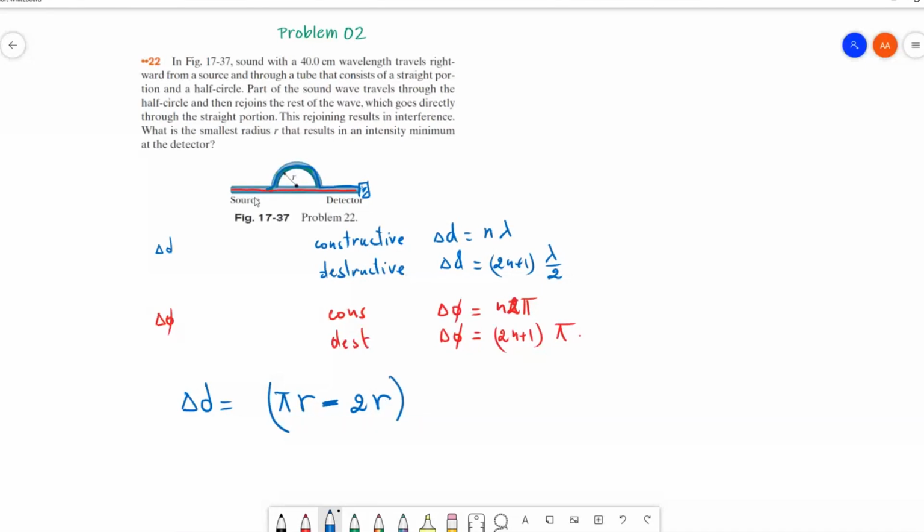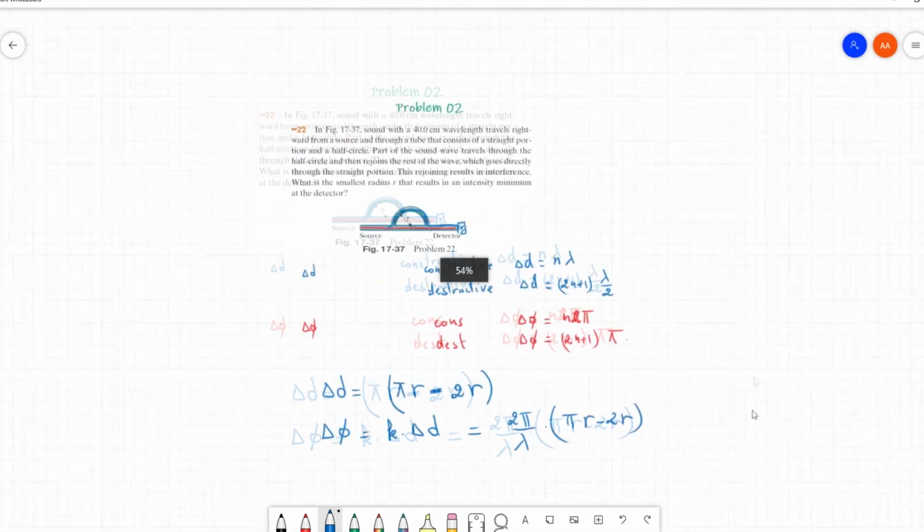So this is the difference of distance between the two paths. If I want to express delta phi, it is just k multiplied by delta d. The phase is equal to the wave number multiplied by delta d, so k is equal to 2 pi over lambda multiplied by this delta d, pi r minus 2r. So we have both of them and we can work with any of them.